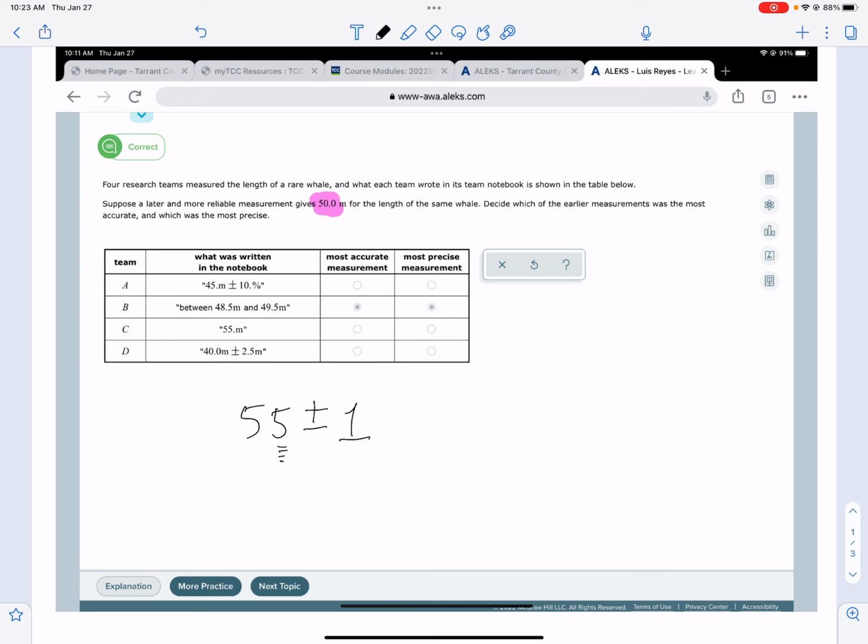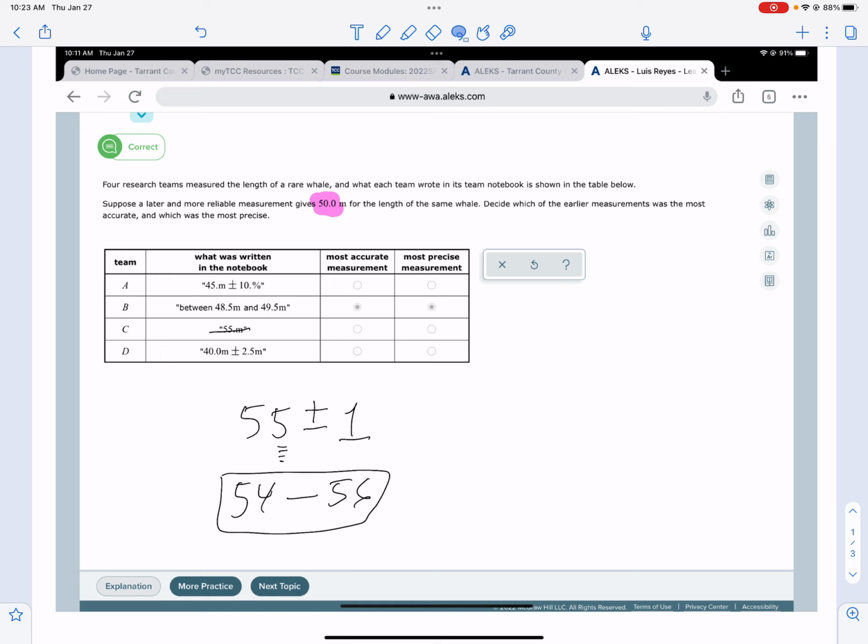So you get 54 all the way to 56, right? 55 minus 1 is 54, 55 plus 1 is 56. So 50 is not even close to any of those numbers. We can definitely discard this one because the range doesn't include 50, and it's not even close to 50, like 49.5.